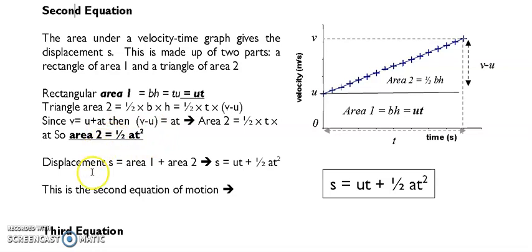Finally, the total displacement is just area 1 plus area 2. Area 1 was ut, and area 2 is a half at squared, so we get ut plus a half at squared. And that leads us to our second equation of motion, which is s equals ut plus a half at squared.